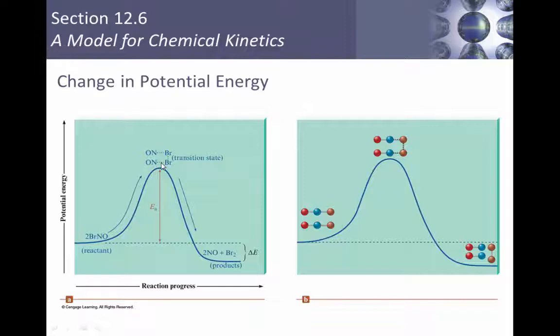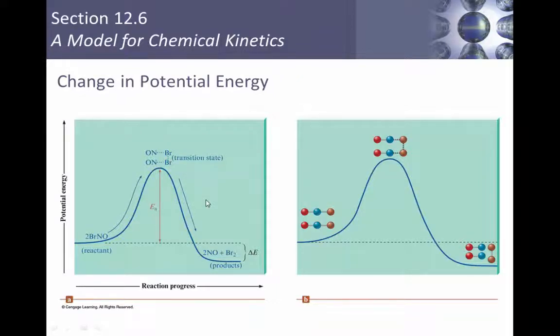the molecules begin to break and form new bonds. Now, this substance that forms before the final product is called the transition state or activated complex. So you can see over here on the right in the picture, they're trying to show you the molecular visual of the chemical formula, and so you see the transition state.